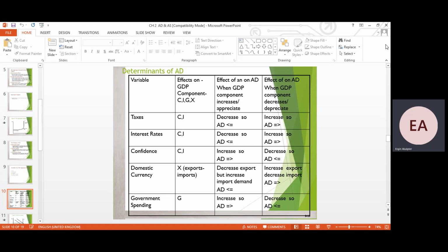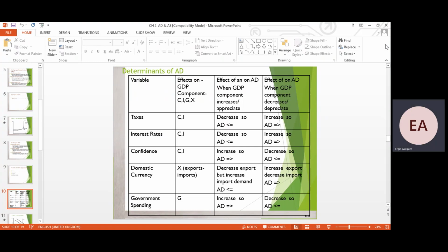When the GDP components increase, the components CIGX, consumption, investment, governmental expenditure, and net export, decrease export but increase import, so the aggregate demand is supposed to be reduced, because when the domestic currency is appreciated, it causes exports to decrease and imports to increase.